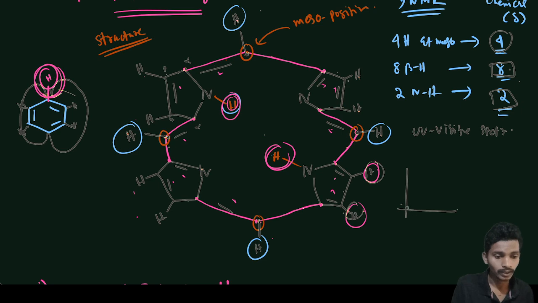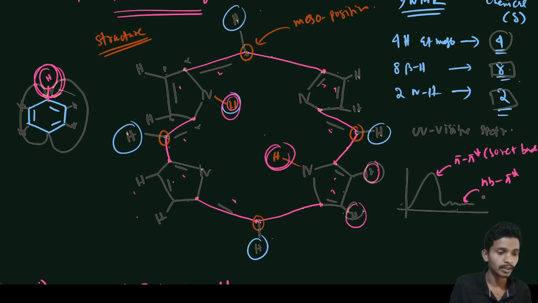This band is due to pi to pi star electronic transition, and this is due to n to pi star electronic transition. These are called the Soret band and these are called the Q band. The Soret band is found nearly at 400 to 450 nanometer, and the Q band is mainly found at 500 to 600 nanometer.